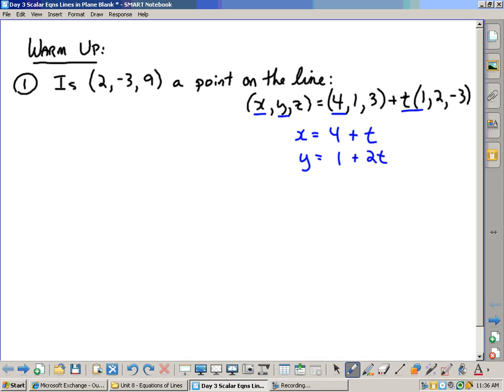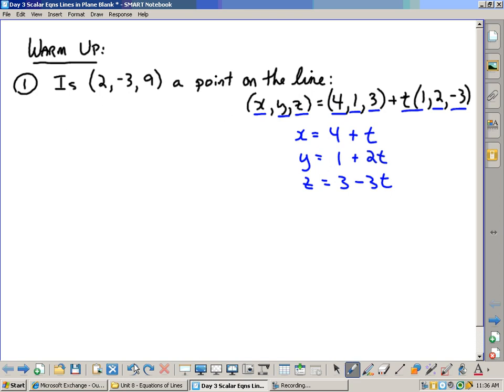I came from there, there, and there. And then the z comes from 3 plus negative 3t, so 3 minus 3t. This way I can examine the x component, the y component, and the z component and try to figure out if indeed the point that I have is on the line.